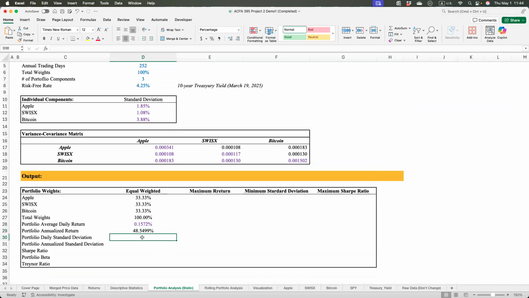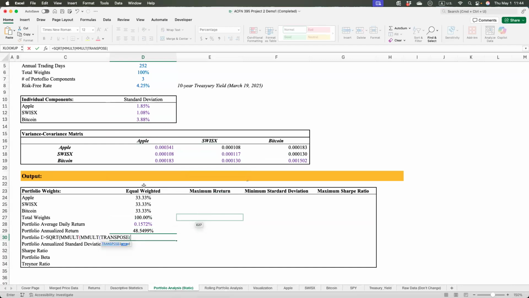Standard deviation, I did mention, do not use STDEV. Instead, you have to do the matrix multiplication calculations to derive standard deviation. So first, we have a square root, and then we use the matrix multiplications. First, we're going to do a matrix multiplication between the transposed weights and the variance covariance matrix. So that is why we type this MMULT, matrix multiplication function here.